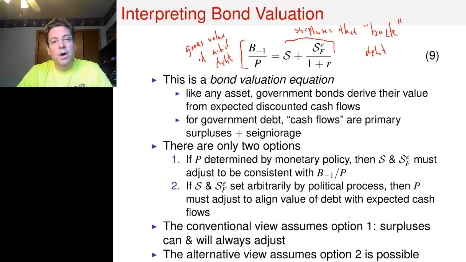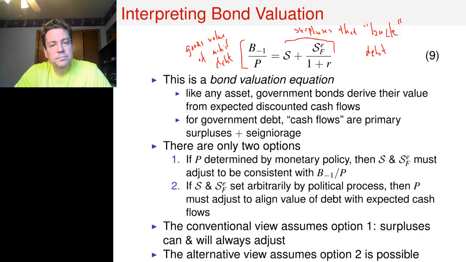In the context of our models, we have talked about the consumer owning the firms, and so therefore the value of the firm depends on the flow of profits that come from the firm. But you can think about government bonds analogously, that these are just assets and they derive their value from the expected returns, the expected cash flows. Now, in the case of government bonds, those cash flows are these primary surpluses plus seigniorage.